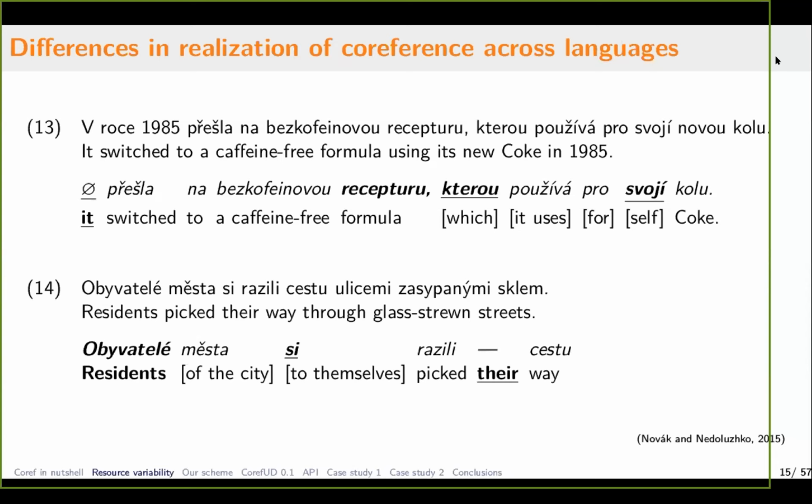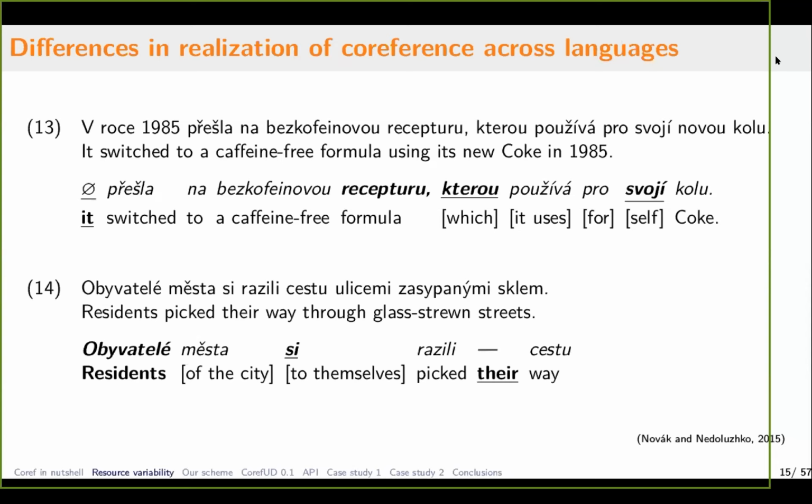In the first example, you can see that while English uses a personal pronoun in a subject position, in Czech it is usually unexpressed.